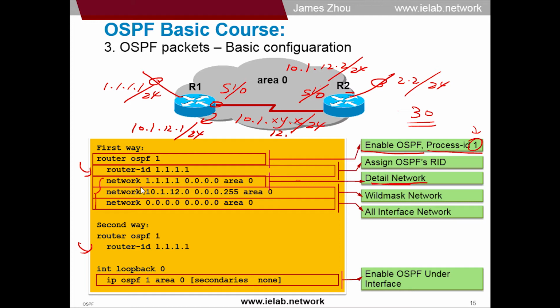We can write the full IP address 1.1.1.1 and the wildcard mask 0.0.0.0, and area 0 means which OSPF area this interface belongs to. Now this interface belongs to the backbone area 0, right?